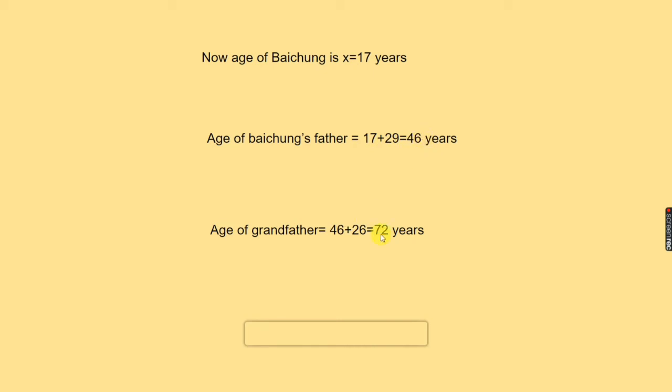So we got 72 years. So the age of grandfather is 72 years. So like the way we got the age of Baichung, we got the age of Baichung's father and Baichung's grandfather. This was asked in our question and it is the required answer.